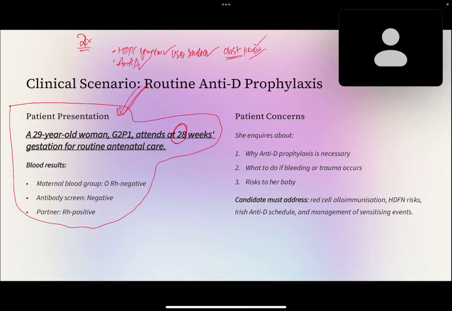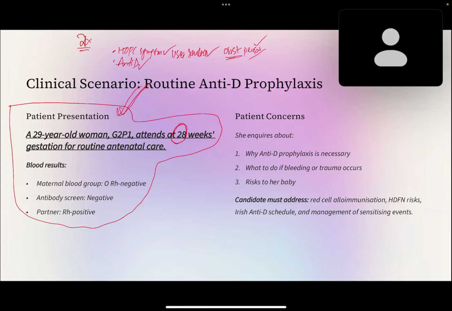I would also ask about her smoking, alcohol, support at home, and any restrictions on blood, like Jehovah's Witness. I would mention if there is anything of that sort in the notes. And then I would want to examine her.